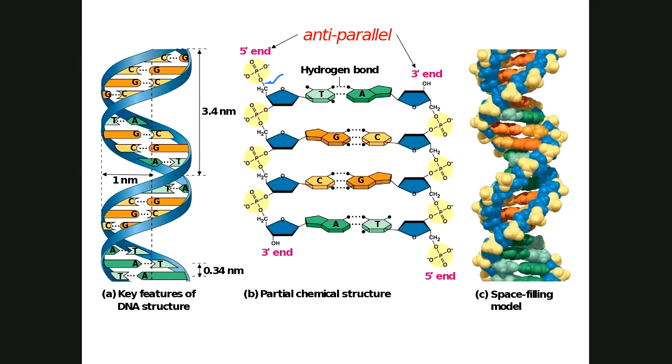If you get down below, remember there's a carbon right there, even though it's not written. That's the number 3 carbon. That's the number 1, the number 2, the number 3, the number 4, the number 5, okay? If we look at the other strand, you'll notice that it's different. On the other strand, the 3' is up, and the 5' carbon is down. All right, that's what we mean by anti-parallel.